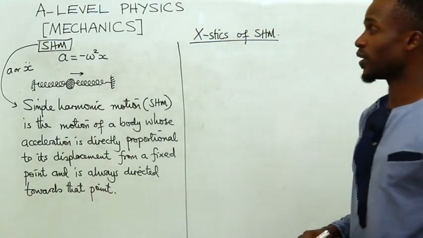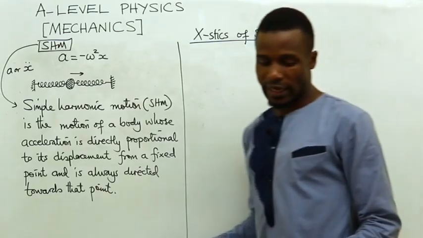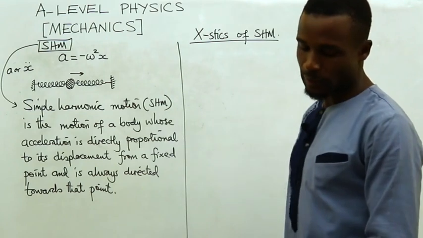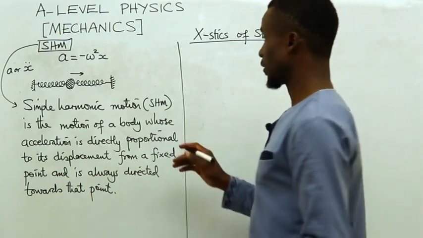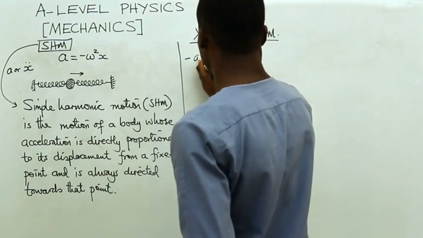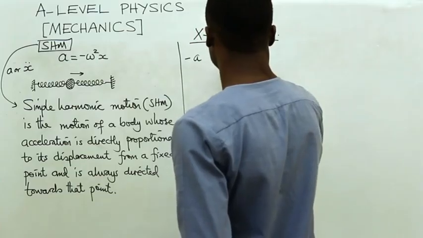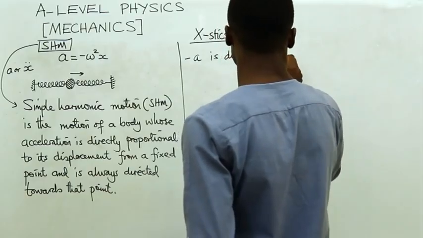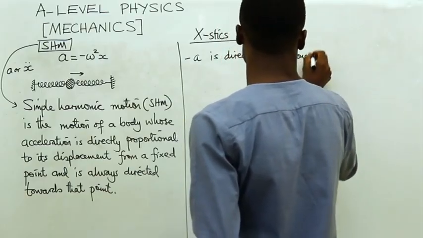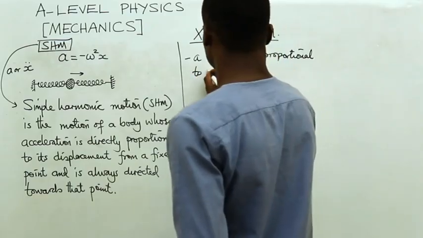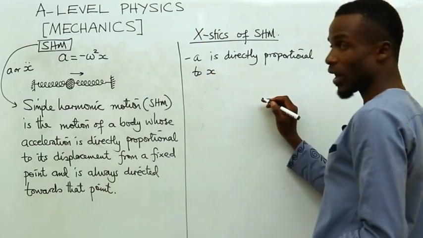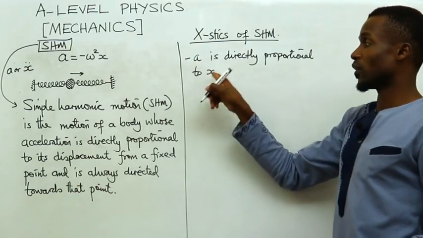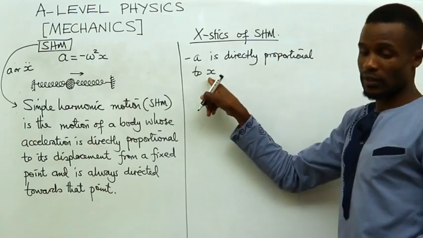From what we've heard in the definition, please understand that the acceleration is directly proportional to the displacement from a fixed point. Please write this. This means acceleration. This means displacement from a fixed point.